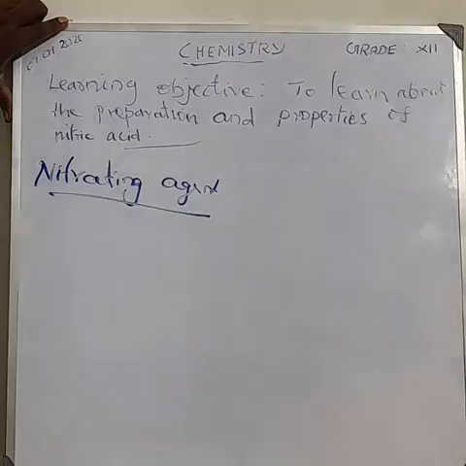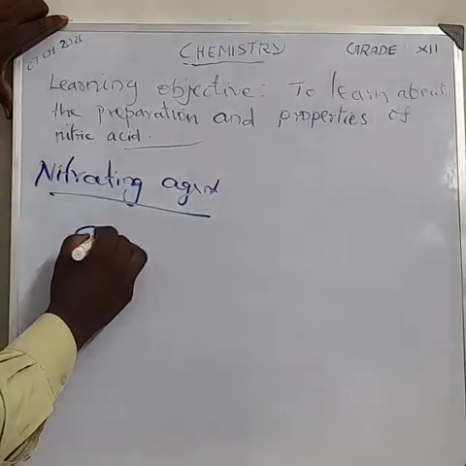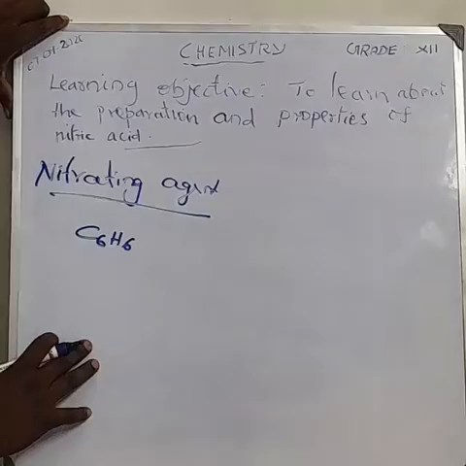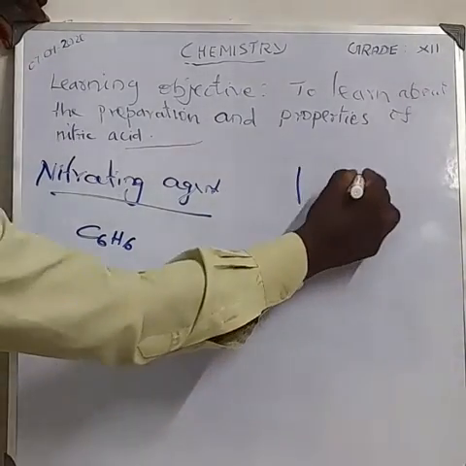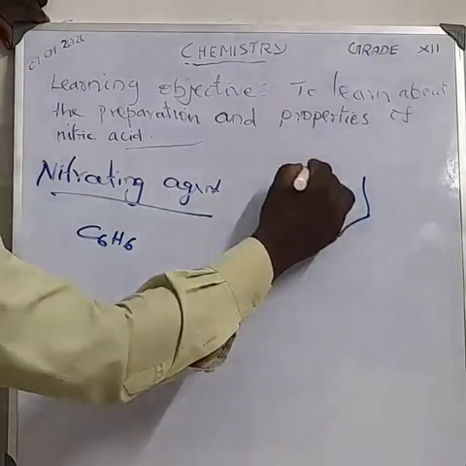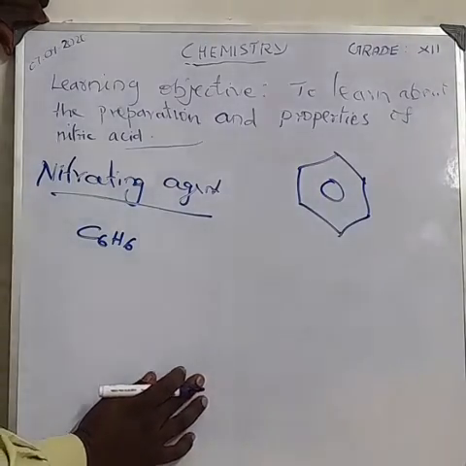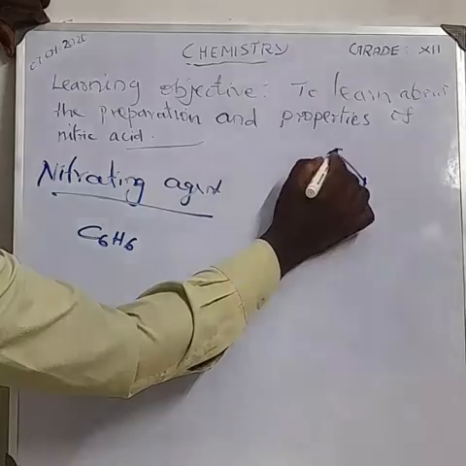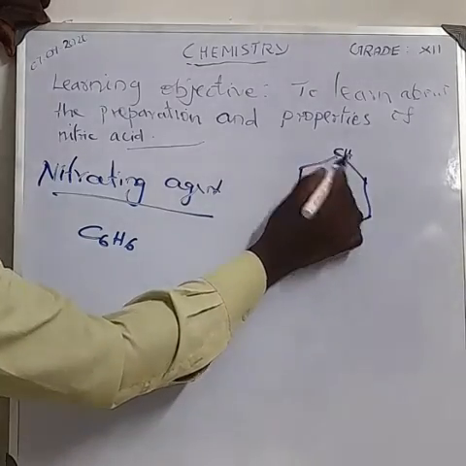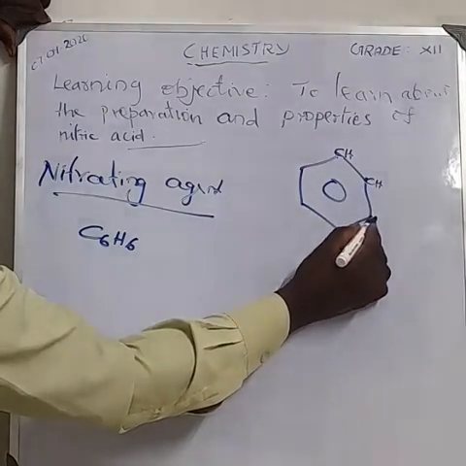Here, by the reaction between organic compounds, we are taking for example benzene. What is the formula for benzene? C6H6. Already I told you about the benzene. It is a closed ring. Am I right? This is the formula for benzene. Okay, structure of benzene. Each corner having CH.